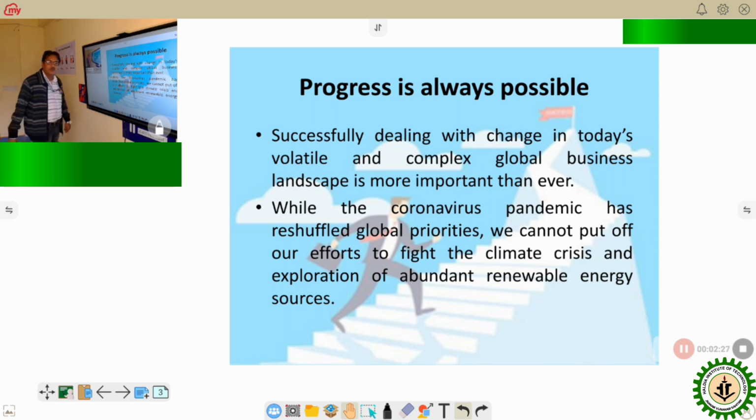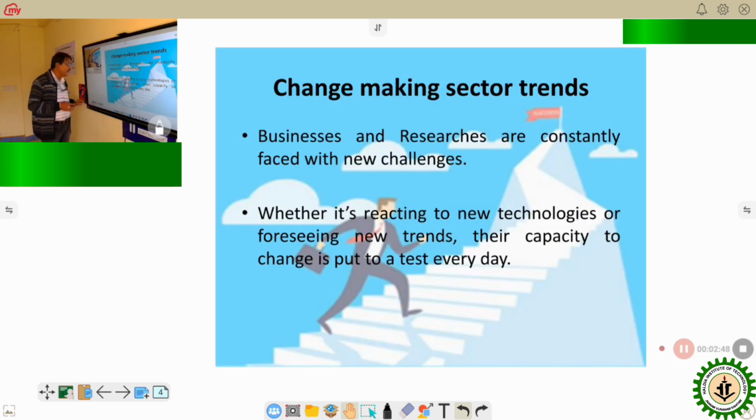While the coronavirus pandemic gave us many lessons and again reshuffled global priorities, we cannot put off our efforts to fight the climate crisis and explore abundant renewable energy sources. So every company needs to spend some percentage of their money on exploring new and renewable energy sources.